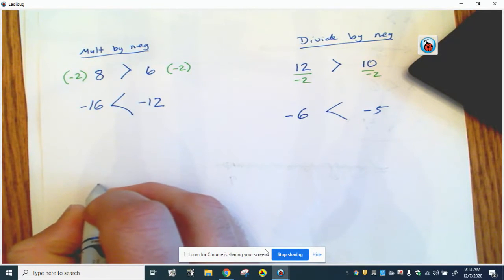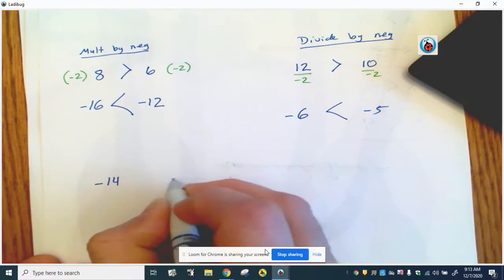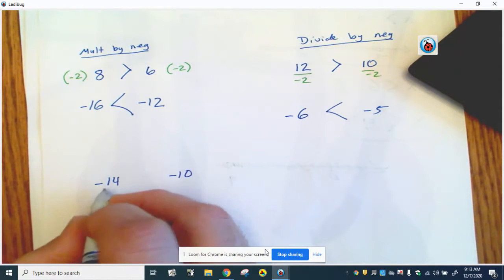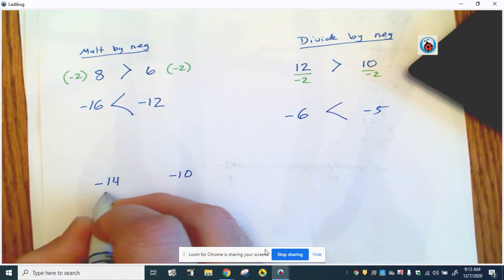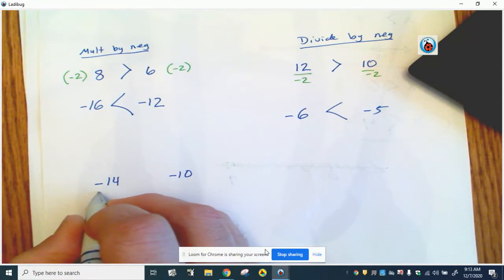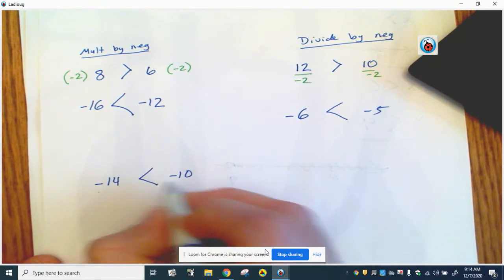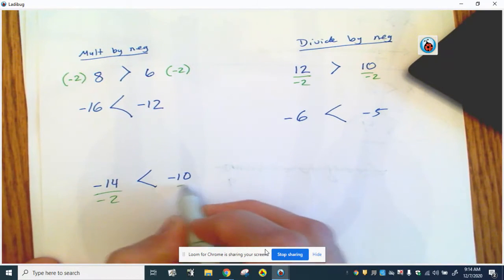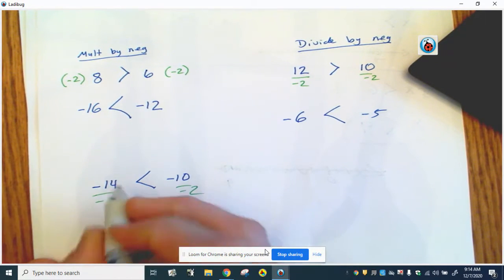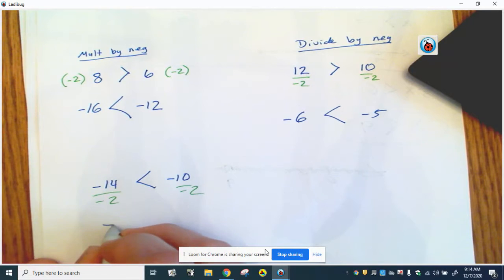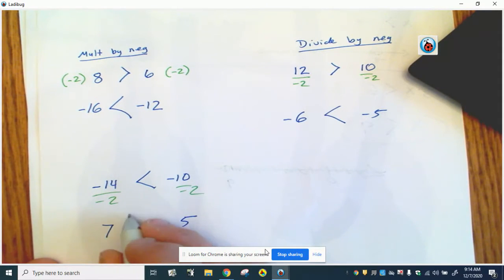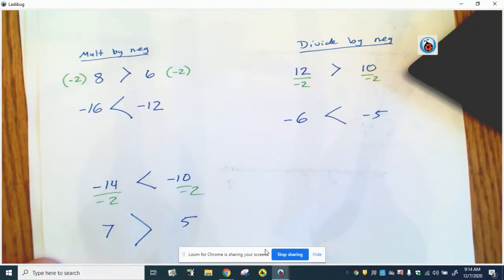If I just take an example of negative 14 and negative 10, and I divide this by negative 2, well, right now, that negative 10 is bigger, right? But if I divide by negative 2, now this becomes positive 7. This becomes positive 5. Well, now, again, the sign has to switch.